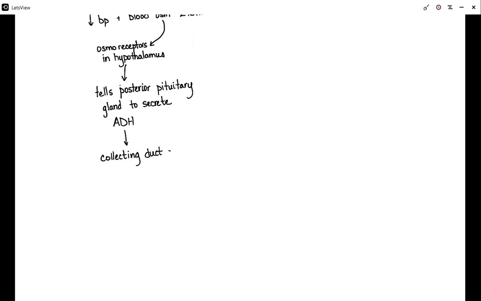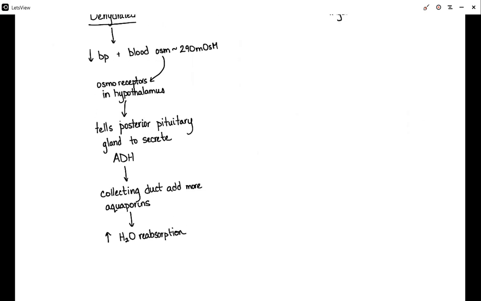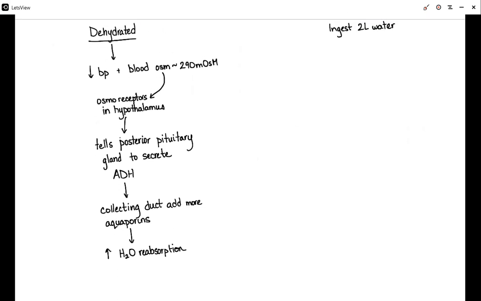It's going to add more aquaporins, which is going to result in an increased amount of water reabsorption and therefore a decreased amount of water excretion. All right, we can just do the converse.